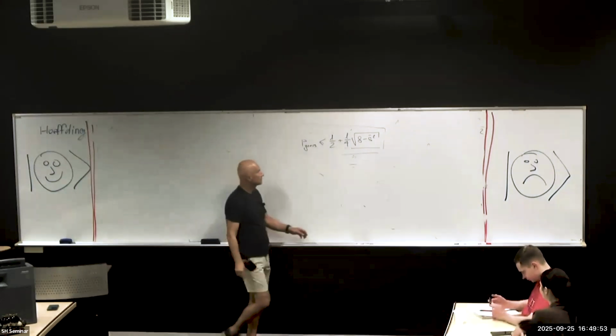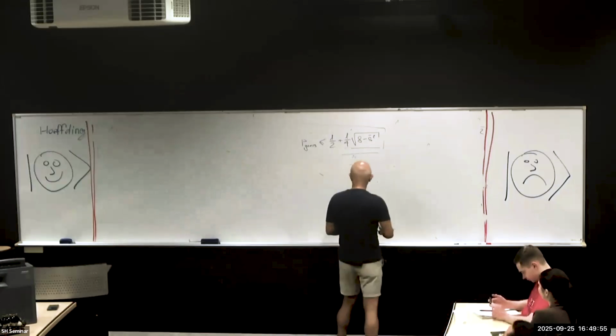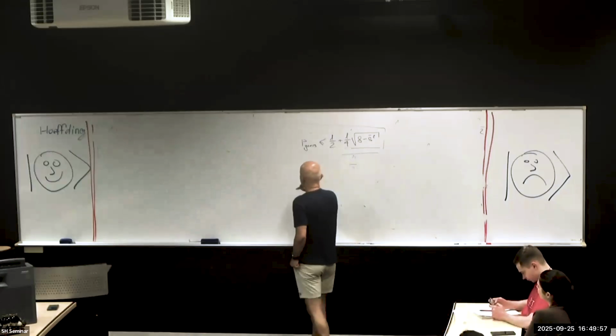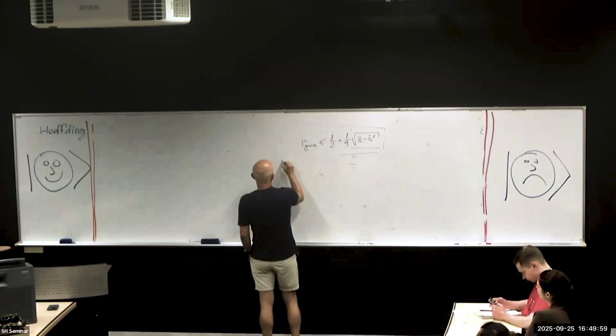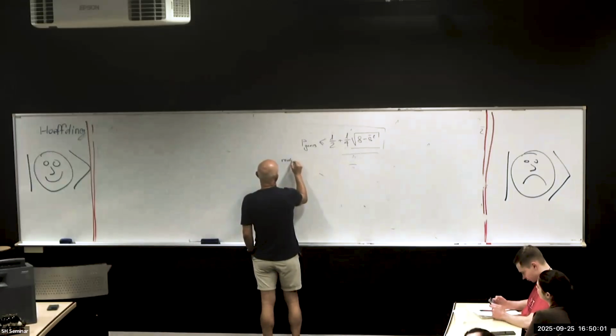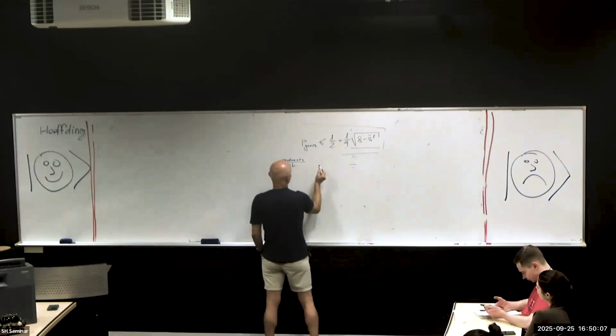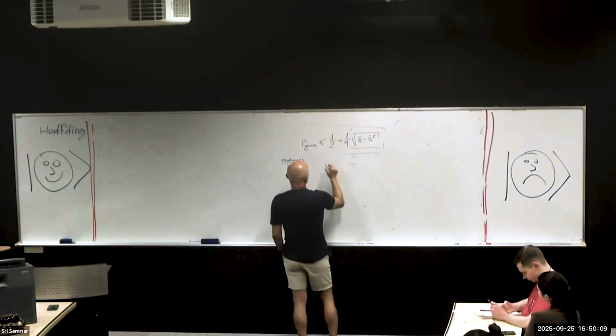By the way, this expression here also tells you the amount of randomness generated per bit. So you take the log base 2 in order to get the min-entropy.